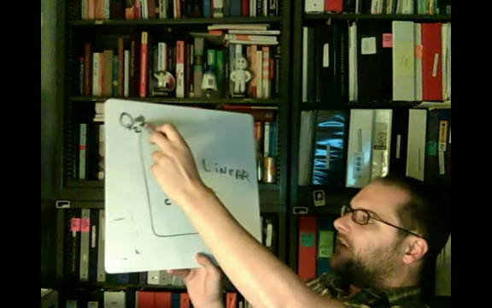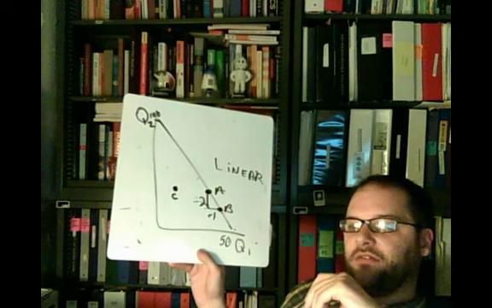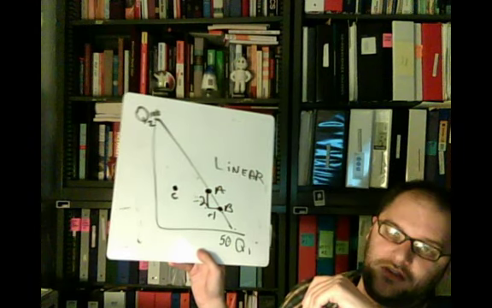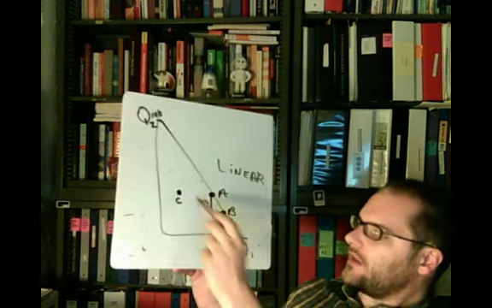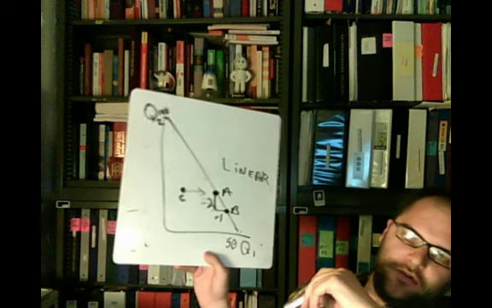These points on the frontier are all efficient. In fact, they actually have a specific name. They're called productively efficient. They're productively efficient because more of one good always requires a sacrifice of the other. These points are not productively efficient. I can actually get more of good 1 without giving up good 2.